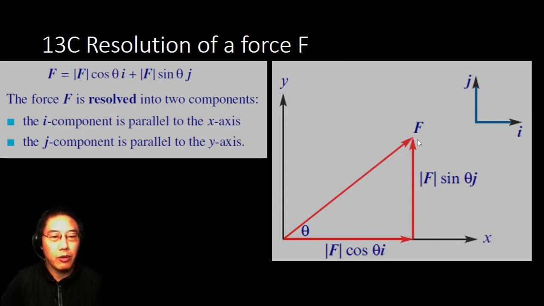The perpendicular vector is the magnitude of F times sine theta times j. If we look at just the magnitudes, the adjacent is cos theta and the opposite is sine theta, both times the magnitude, and that's what's really important to remember for this exercise.